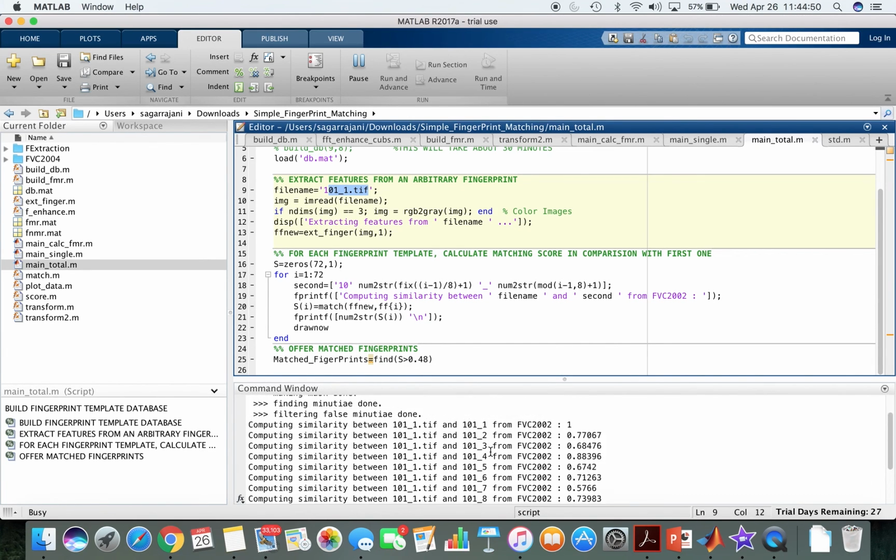As you can see over here, it's going to take approximately 2 or 3 minutes to compare the images.